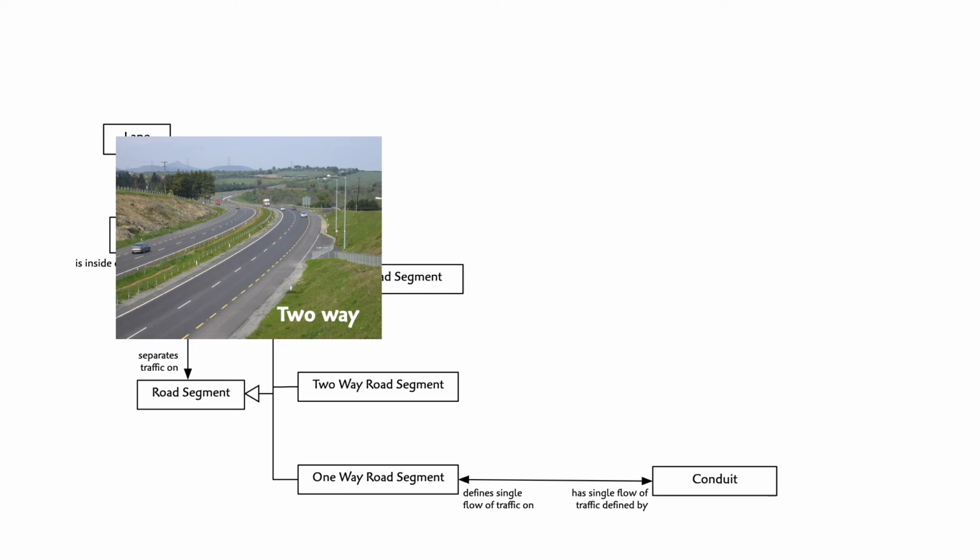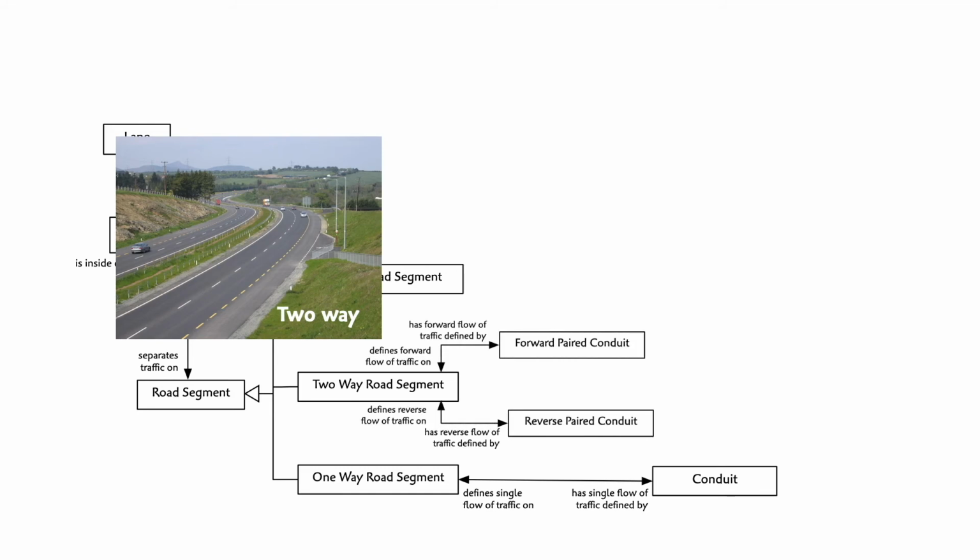There can, by definition, only be 2, and they must flow in opposing directions. So we must abstract out the concept of forward and reverse paired conduits. And since both the one-way conduit and the forward and reversed conduits share a similar definition, we abstract a superclass called conduit.